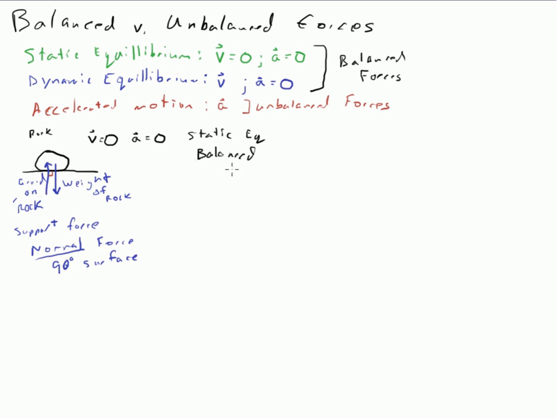Let's take a look at a different one here. Let's take a look at a hockey puck. Promise that's a hockey puck. Alright, and let's have it sliding to the right with a constant velocity. So constant velocity sliding to the right, and let's say it's on frictionless ice.